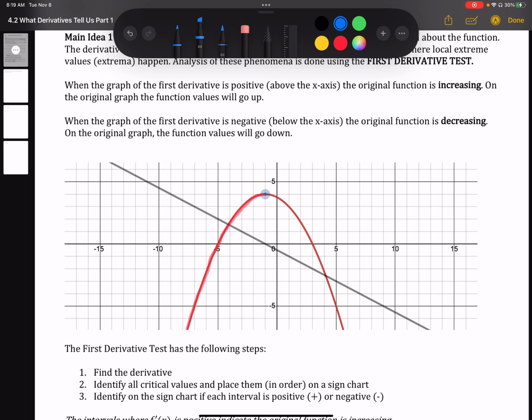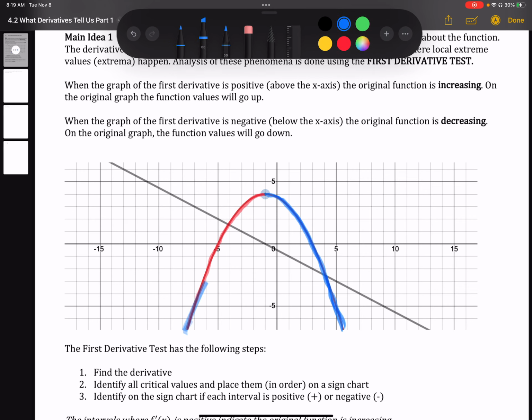If we continue tracing from left to right from where the gray graph is below the x-axis, our original graph is going down. And so that's what the first derivative tells us. It tells us whether the original function is either increasing or decreasing.